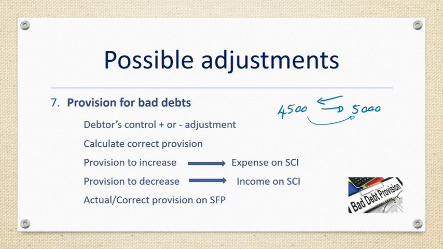And the actual or the correct provision will be shown on the statement of financial position. The one that it is supposed to be. If it's supposed to be 5,000, then you show the 5,000 on the statement of financial position. This was your new adjustment that you did this year. Haven't done this last year. This is a new one.